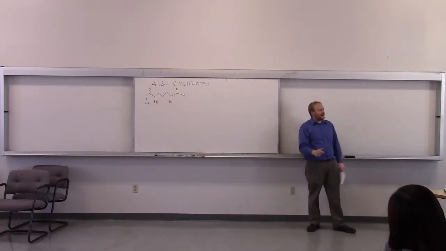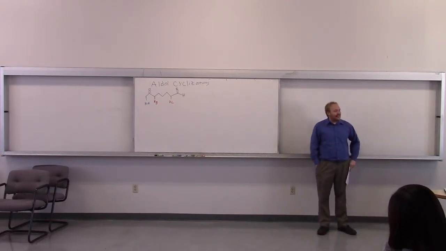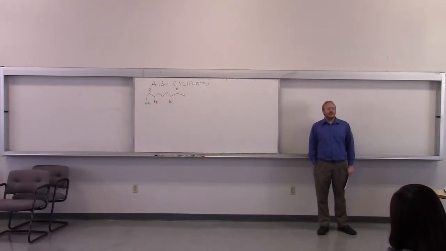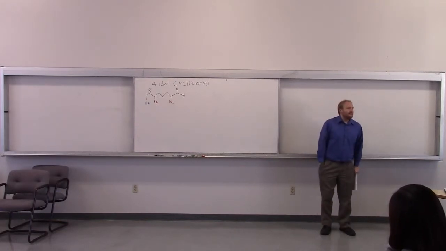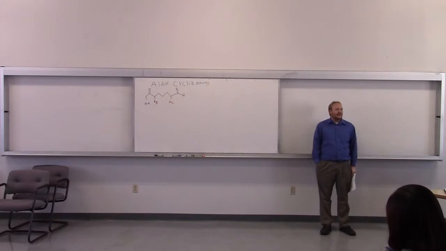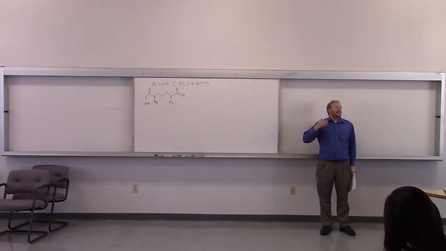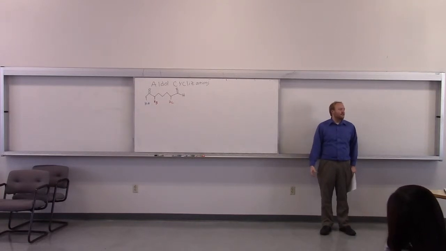And then after that, we get into the Robinson annulation, which is the legendary reaction of chapters 18-19. It's really not as hard as it looks. It's just an aldol dehydration followed by a Michael addition.